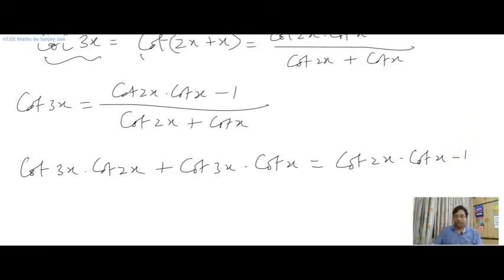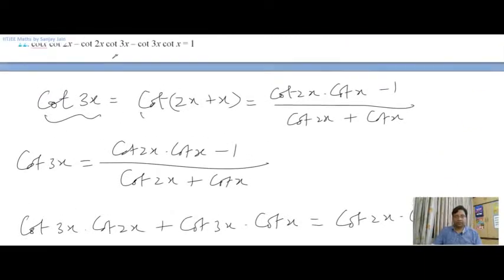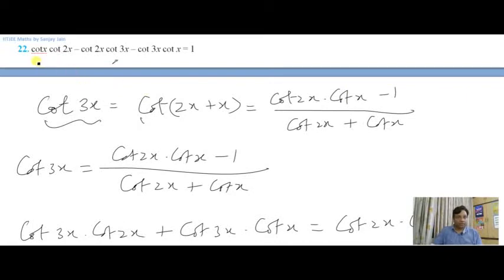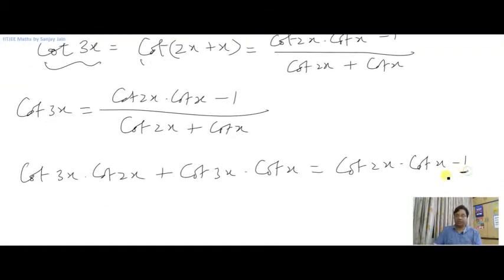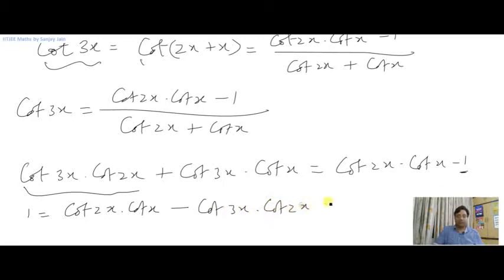Okay, now look at the question. I required cot x cot 2x, cot 2x cot 3x, cot 3x cot x, and I required 1 on the right hand side. So what I'll do is I'll take this 1 on the left hand side and bring all of the terms on the other side. So it will become cot 2x into cot x minus cot 3x into cot 2x minus cot 3x into cot x.